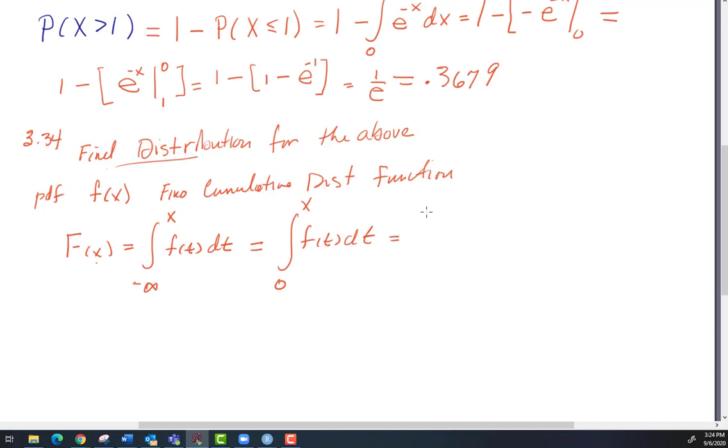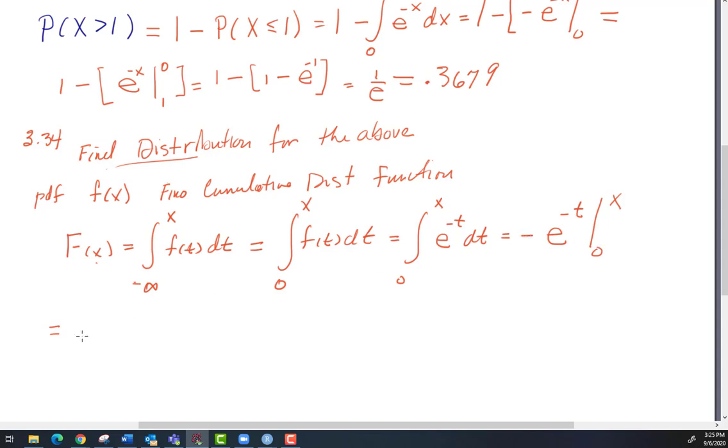And this would be equal to the integral from 0 to x of e to the minus t dt, which would be negative e to the minus t, 0 to x, equals, I just find I make fewer mistakes if I change this negative and reverse these.